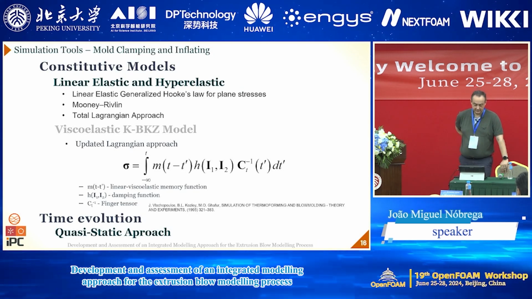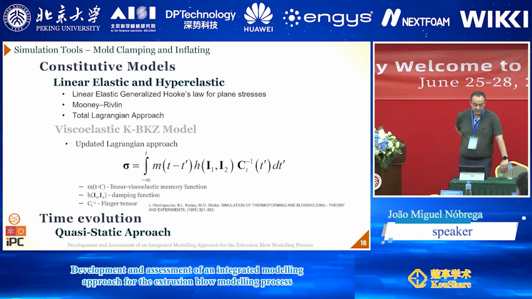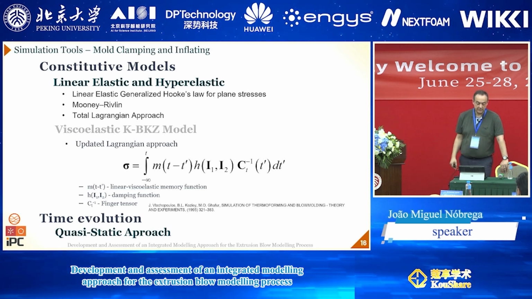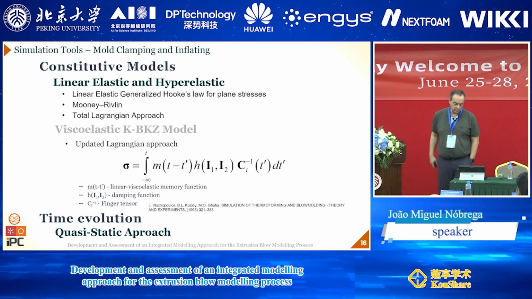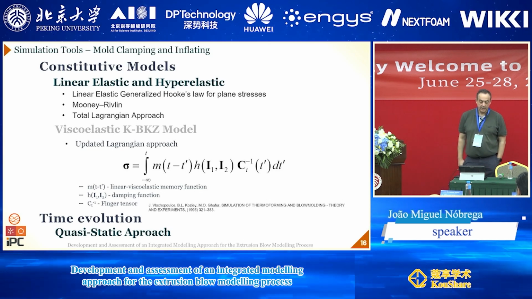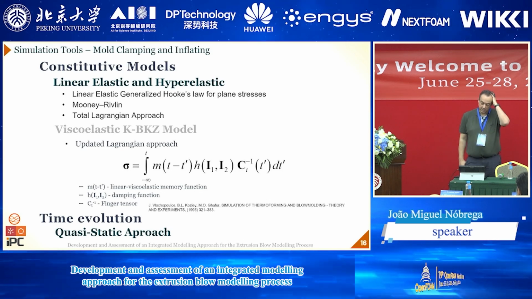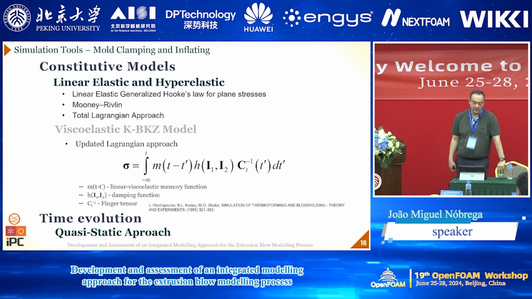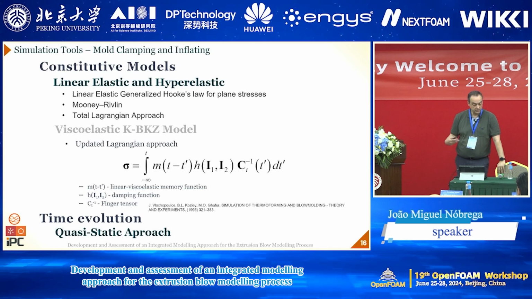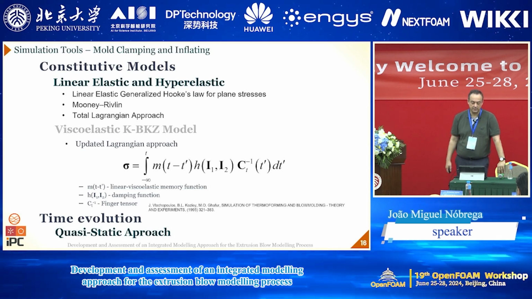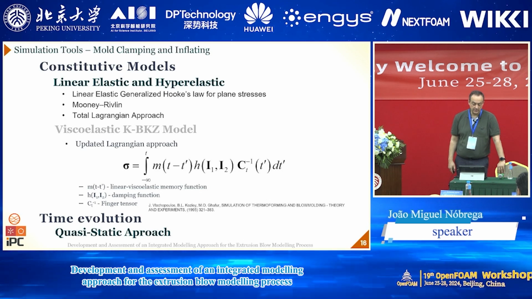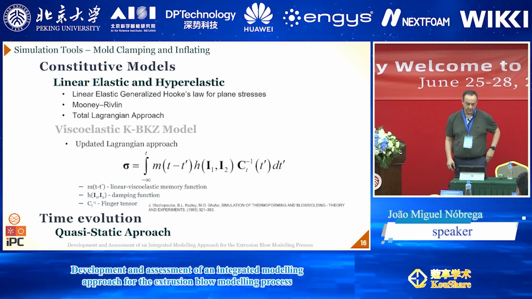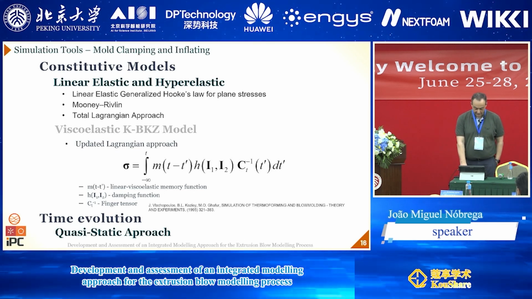We have tested a number of models for those cases, basic linear elastic, just to start, and hyperelastic models. The one we have used in the results I will show you was the Mooney-Rivlin, and we have used the total Lagrangian approach. We also tested the viscoelastic ABKZ model, since we're dealing with a Lagrangian approach, which makes it quite easier to use the Lagrangian integral viscoelastic models, but due to the time required for the calculation, we didn't progress in that part.